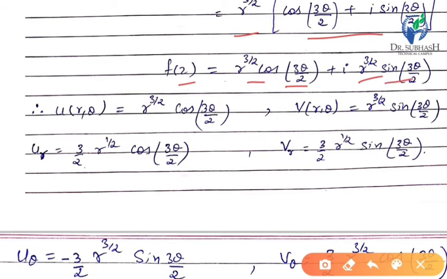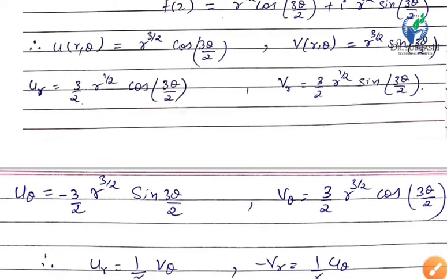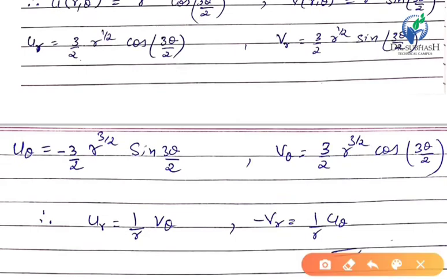Now the real part is u(r, theta), that will be equal to r raised to 3 by 2 cos 3 theta by 2, and our imaginary part is r raised to 3 by 2 sin 3 theta by 2. Now I will differentiate it with respect to r and with respect to theta.